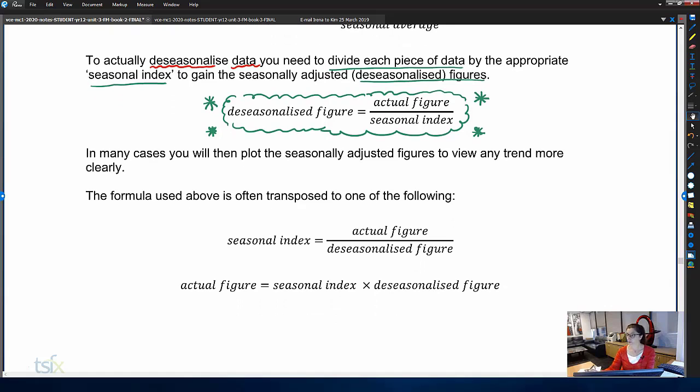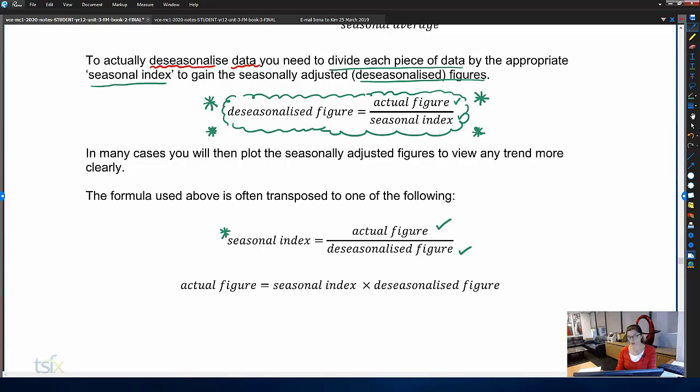Now, when you get to the stage where you're looking at past exam papers, VCA will ask you questions about calculating the deseasonalized figure by providing you with the actual figure and the seasonal index, but they've also asked you to calculate, for instance, the seasonal index if they provide you with the actual data, the original data value, and the deseasonalized figure.